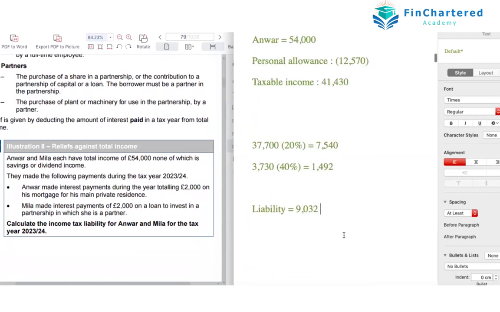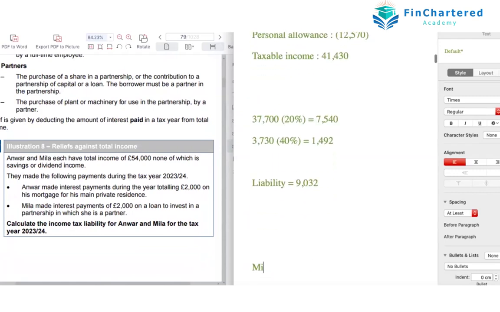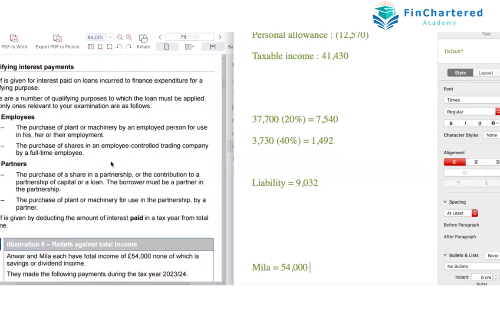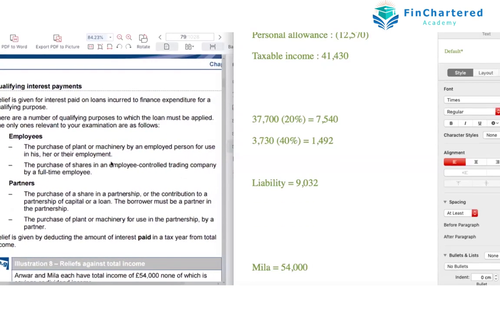Now I will do Mila. Mila also has the same income. So basically, Mila is technically supposed to have the same liability, but Mila has a loan, and Mila's loan is a business related loan. Because Mila has a business related loan, Mila will get a relief. So remember, what did I tell you? What is a relief?